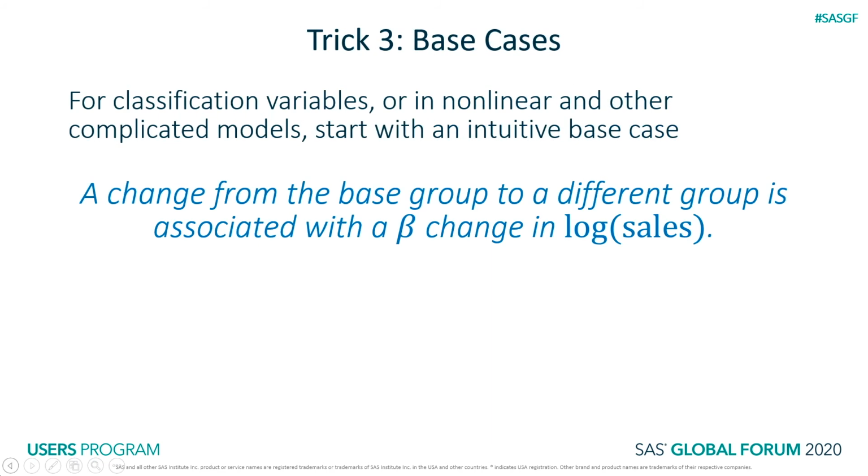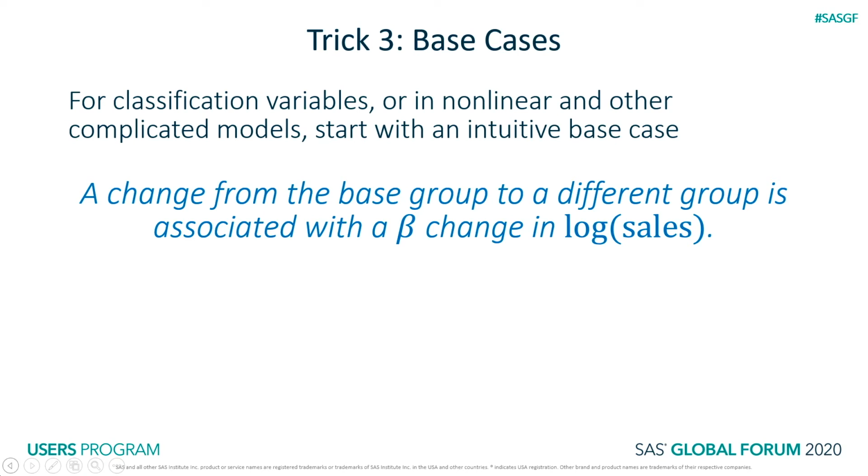So anyway, we've done our continuous covariates. What about a class variable, categorical variable covariate? So we have all these dummies, right? So the basic method here is to think about an intuitive base case, a base group, and say what happens when we move to a different group. And really this idea generalizes to more complicated models where it's harder to apply the other tricks.